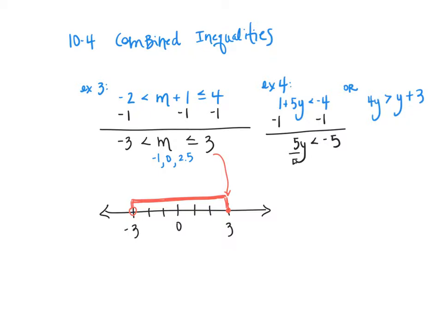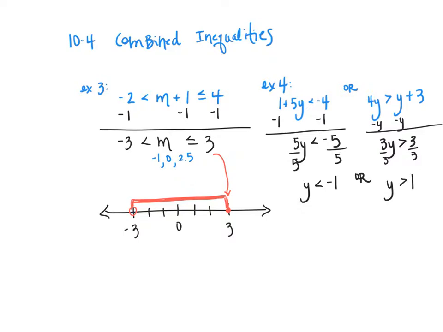And then if I kept going, I would need to divide by 5, and so y is less than -1. Or if I solve the second inequality, I need to get all of my variables together. So that gives me 3y is greater than 3. And then if I divide by 3, I have y is greater than 1.